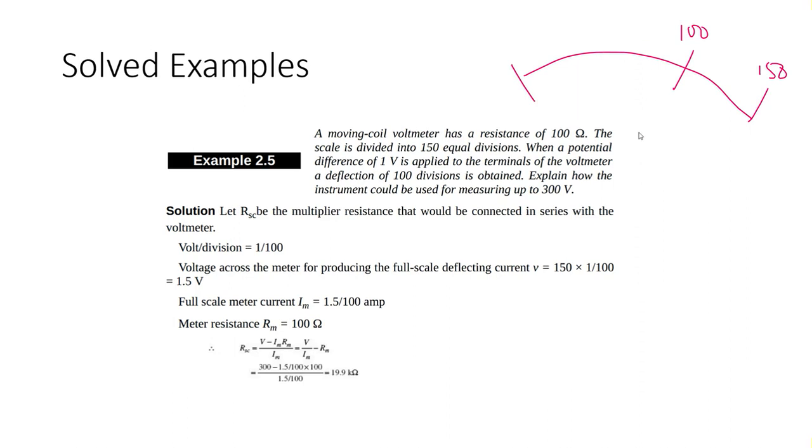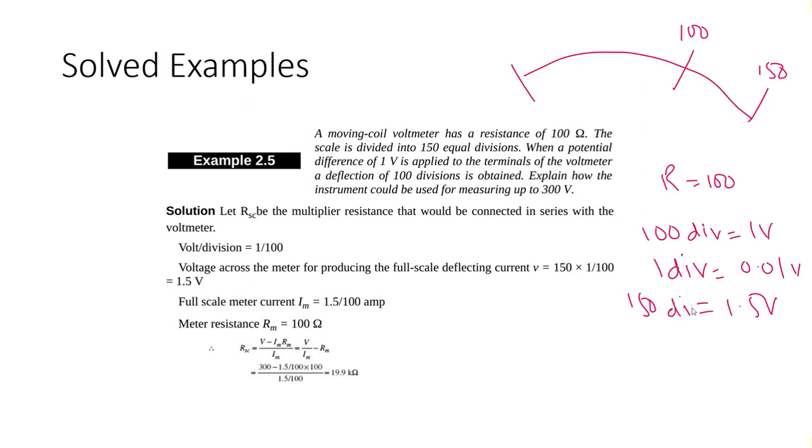The problem says that the total resistance is 100, and on 100 divisions it measures 1 volt. So for 1 division it measures 0.01 volt. For 150 divisions it measures 1.5 volt.